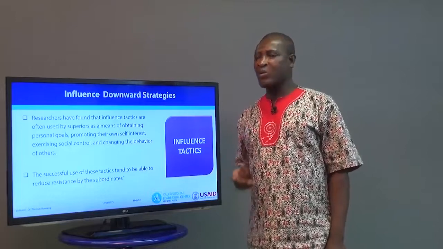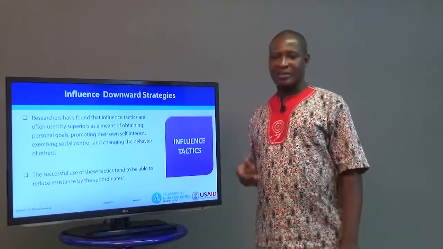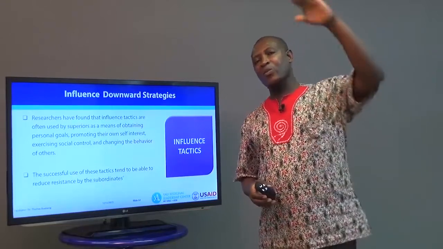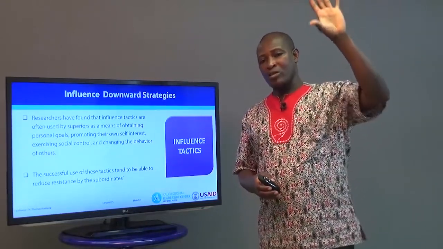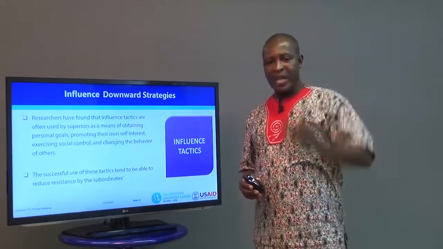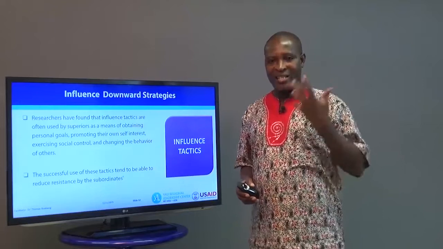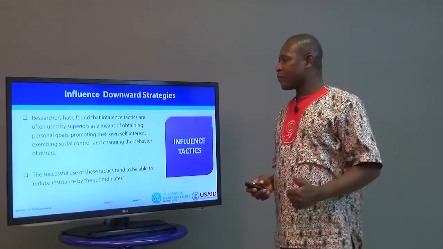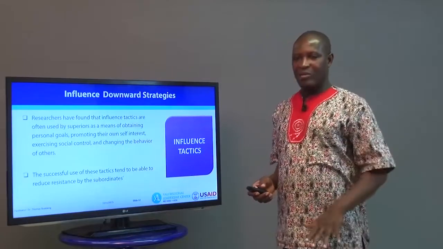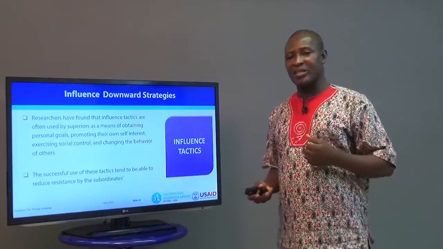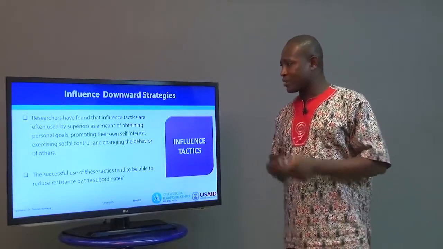What do we mean by downward influencing tactics or strategies? What it means is that it is the leaders, people who are at the top, who want those below to do things for them. And so the behavior that is being altered is the behavior of the subordinates. Yourself, you want your subordinates to do certain things, and you are using the strategy to influence them.